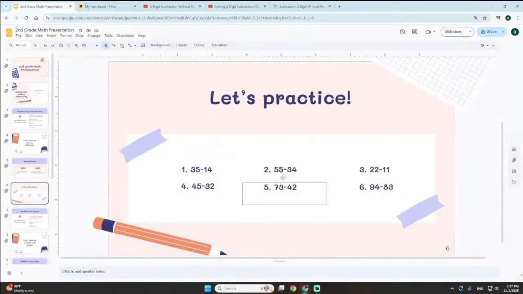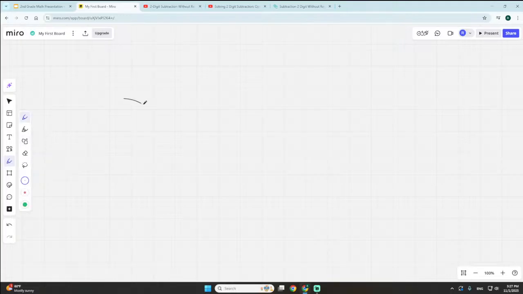Now we have 73 minus 42. So we have 3 in the ones place for 73, and then for 42, we have 2 in the ones place.